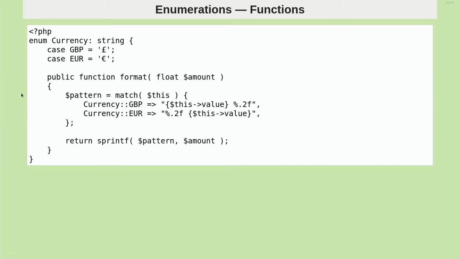Yes, I've already demonstrated this by just having made the example, but it is possible to define functions on enumerations, which is what I've done here. I've created a function called format, and depending on the currency, it uses a different format for formatting the currency number. This also shows a new feature, I think also in PHP 8.0, which is the match operator.